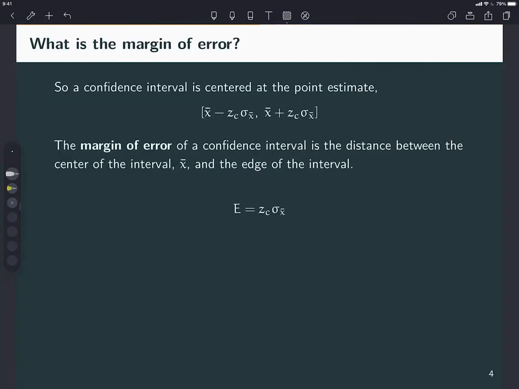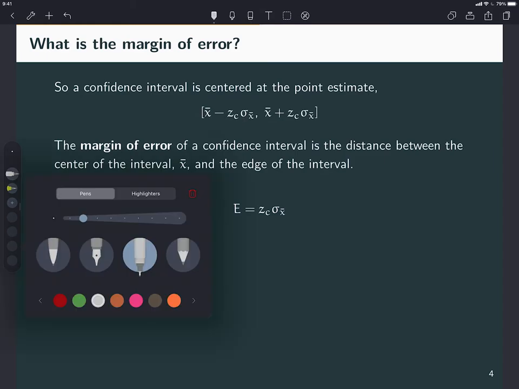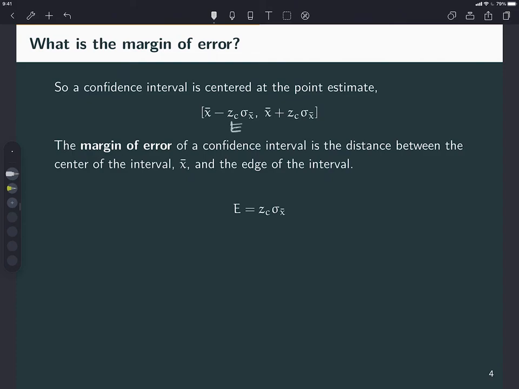Okay, so the confidence interval is something centered at the point estimate. We add and subtract this value. That value is what we're going to call the margin of error. The margin of error is this number. So it's just the Z times the sigma that we're using for the confidence.